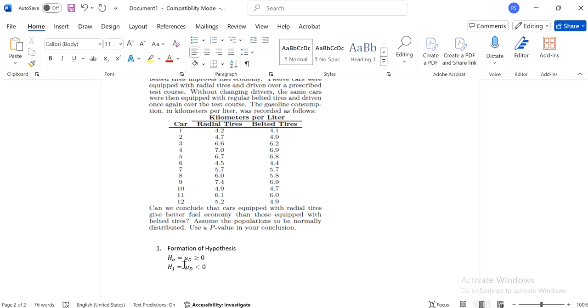So moving to step number 2, which is level of significance. Obviously it is not given in the question, so we will consider it as 5%.